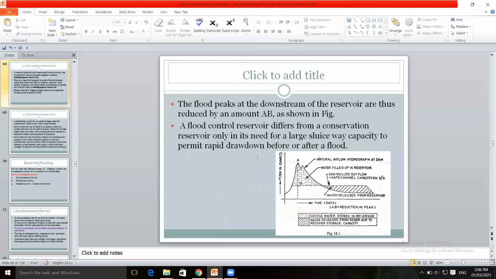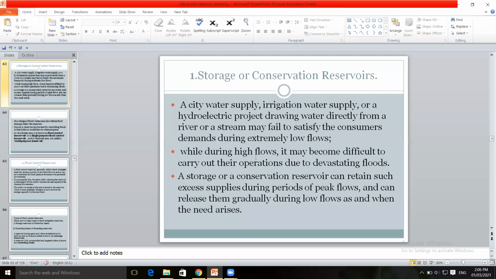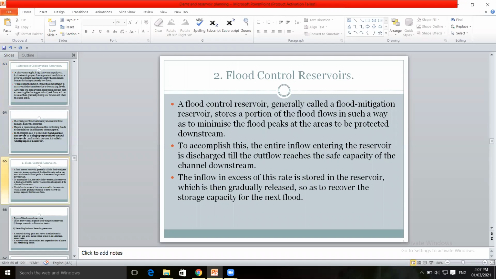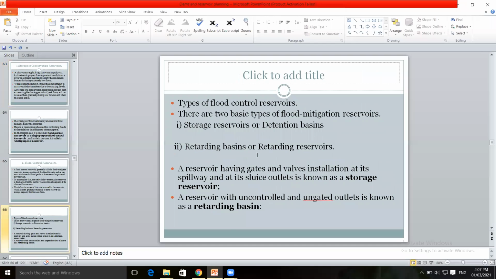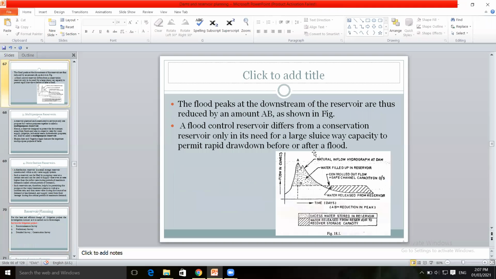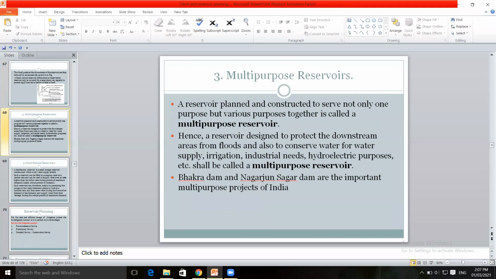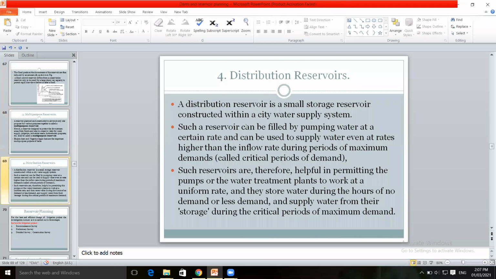These are the four types. First you have seen storage reservoir or conservation reservoir, then flood control reservoir. Again, in that there are two types: storage reservoir and retarding reservoir. Then multi-purpose reservoir and distribution reservoir.